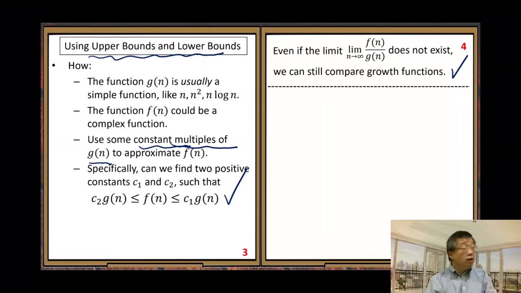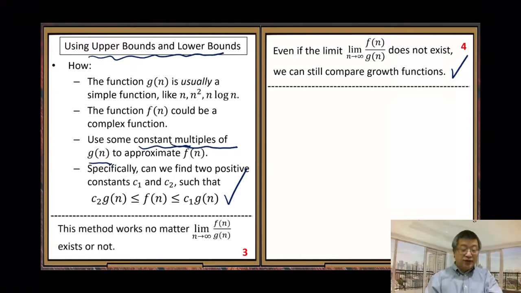So that means even if the limit does not exist, we can use this inequality to compare the order of growth of these two functions. So the advantage of this method is that it works no matter whether the limit of the ratio of two functions exists or not.